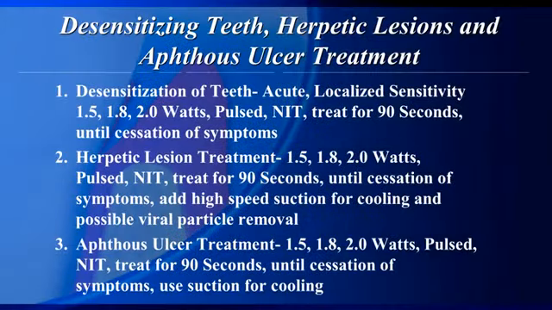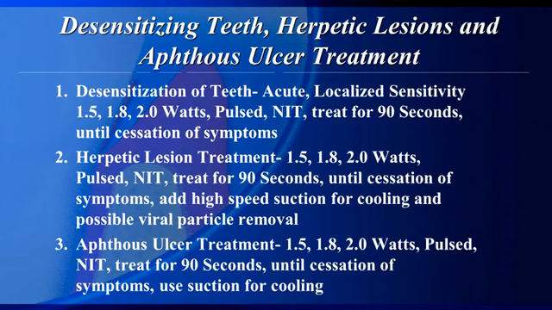So these machines far more than pay for themselves while helping you to provide greater quality of care than our traditional modalities. Now, I've included on this slide the basic methodology to do desensitization of a tooth, a herpetic lesion, or an aphthous ulcer. And I included it just to show you how simplistic it is.